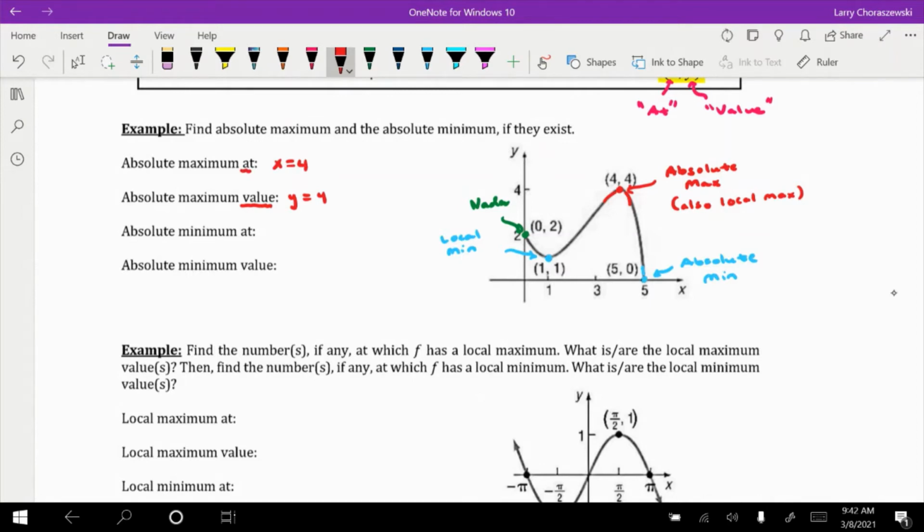So it's at x equals 4 and has a y value of 4. And if you wanted to bundle these up as an ordered pair, you're more than welcome to do so. And we have an absolute minimum. The absolute minimum is at x equals 5, and it has a y value of 0. So (5, 0).